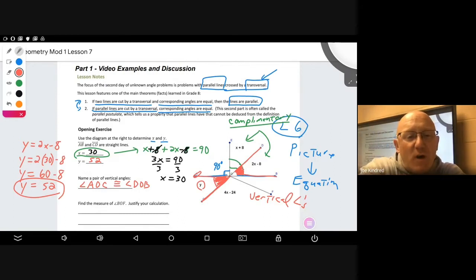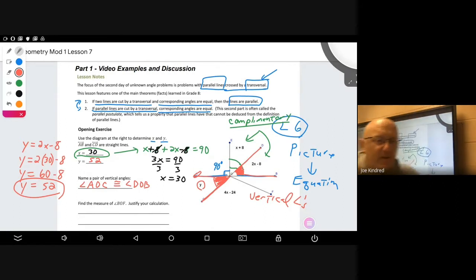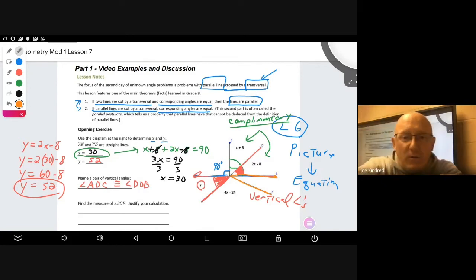And then it says find the measure of angle BOF. Being able to understand that terminology, B, O, F, and being able to find this angle, once again, we're looking for relationships. We know that y is 52. We know that x is 30.